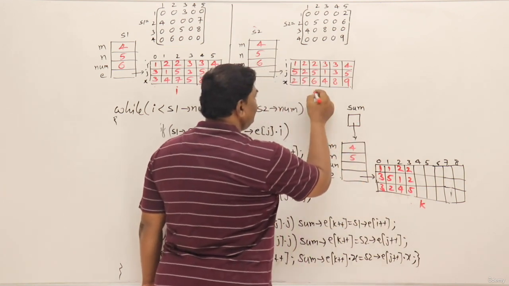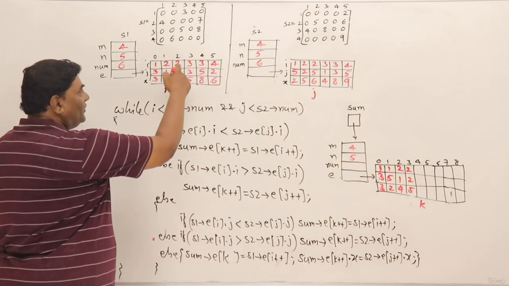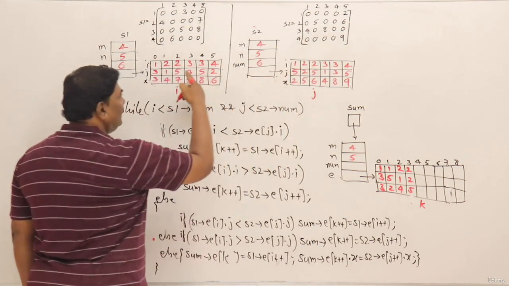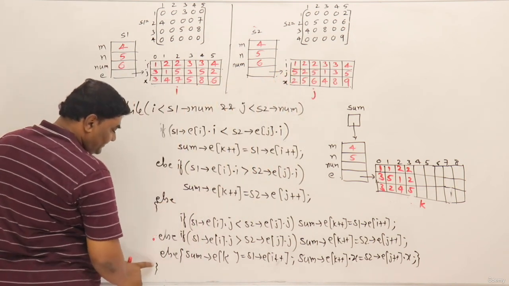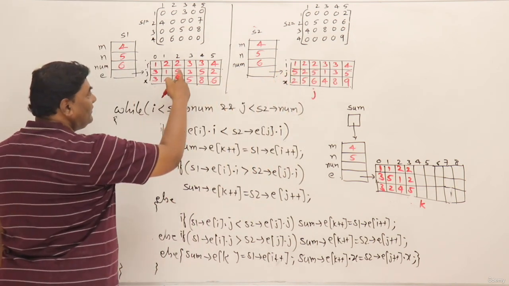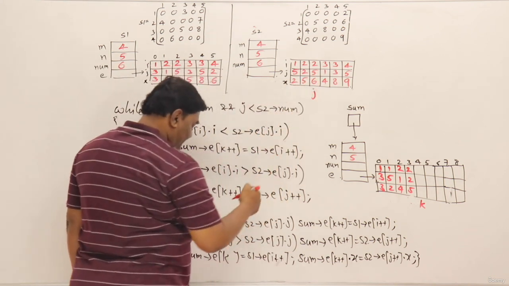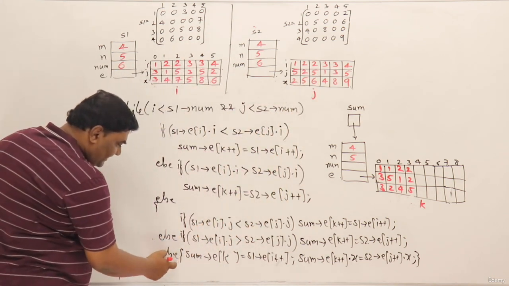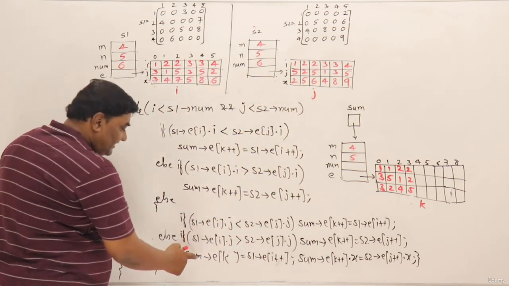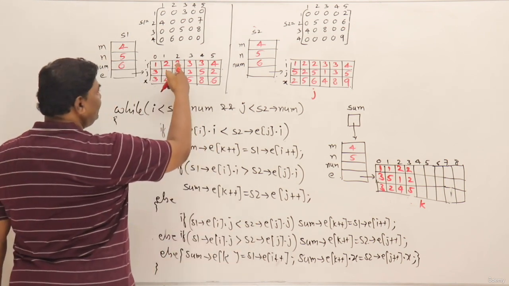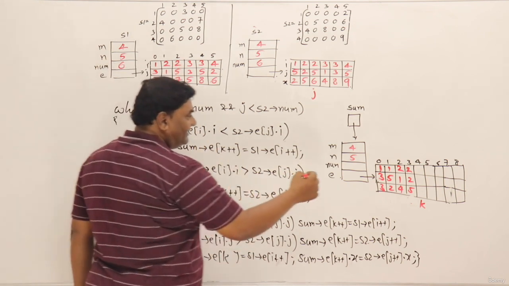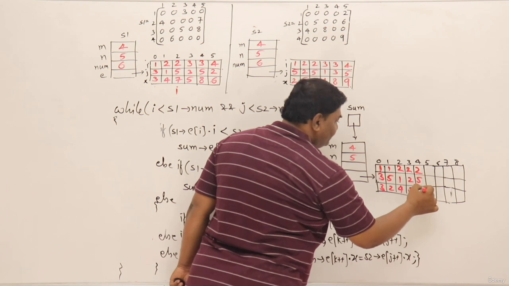J is incremented. Now this time the row numbers 2, 2 are the same, so it will enter into the else part. Then here the column numbers 5, 5 are the same, so it will enter into this else part. So it will copy the element from S1, that is 2, 5, 7.